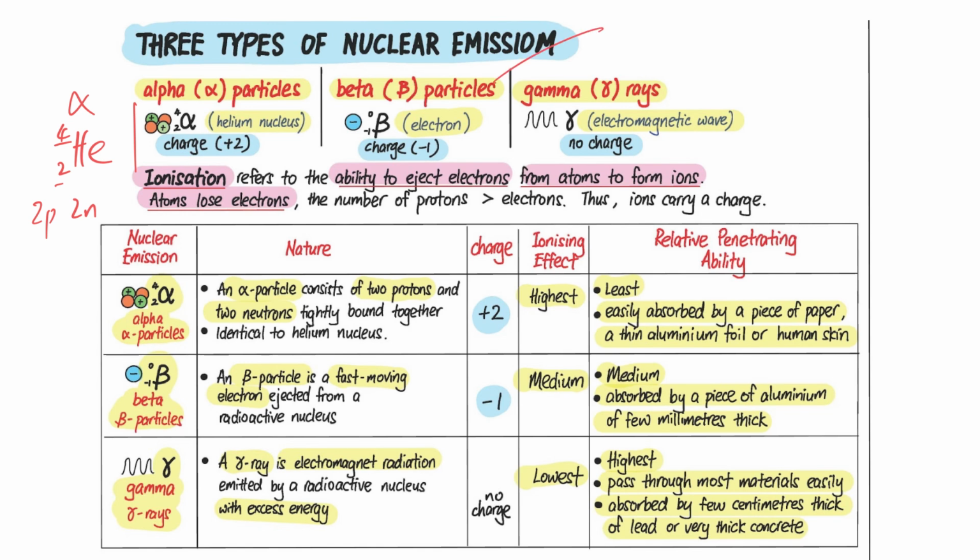As for beta particles, they are actually electrons. For the time being, just remember that the mass number is 0 and the proton number is -1.